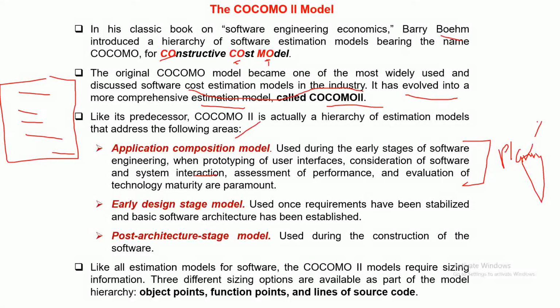Post architecture means after your designing gets over, that is during your construction of the software. So these are the three hierarchies of estimation models. The knowledge out of these three models is clubbed together to form the COCOMO model.